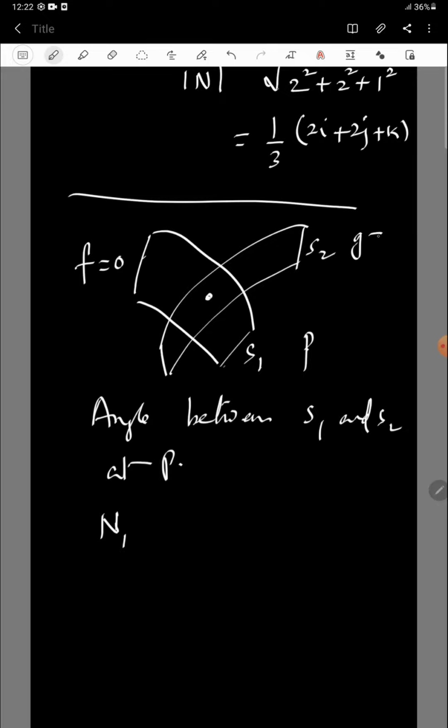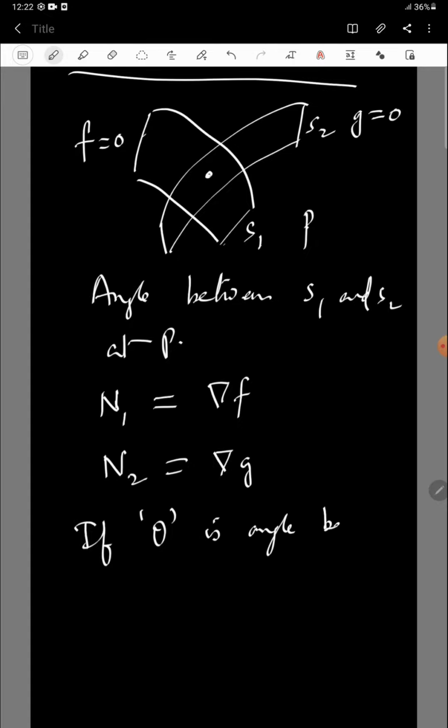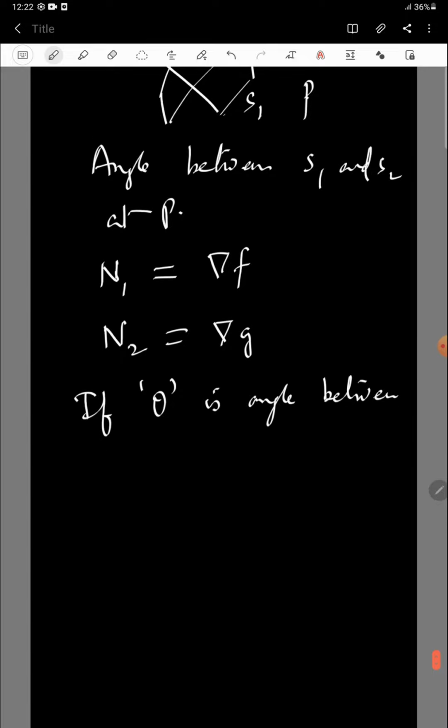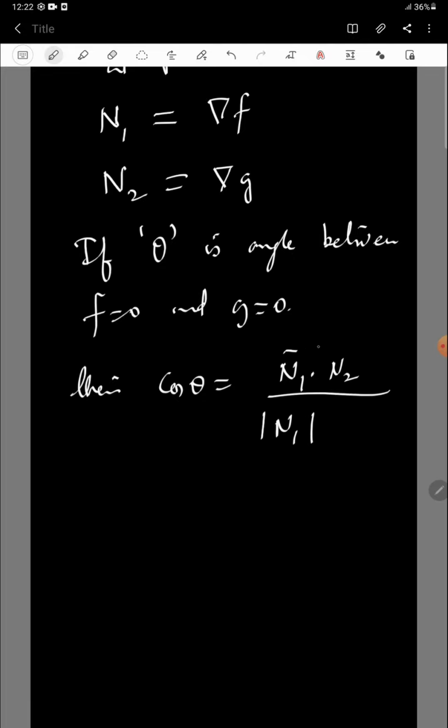Suppose g equal to 0 is the surface equation for the second surface. Then N1 is del f and N2 is the normal vector obtained by del g. If theta is the angle between f equal to 0 and g equal to 0, then cos theta is n1 dot n2 divided by the length of n1 vector into the length of n2 vector. I hope you can very easily do this problem.